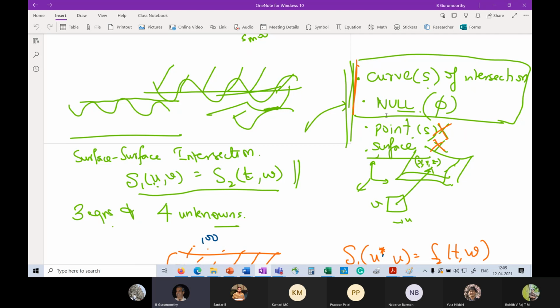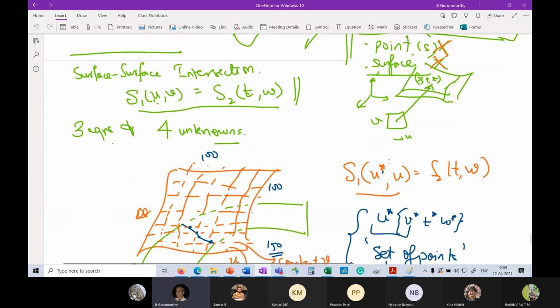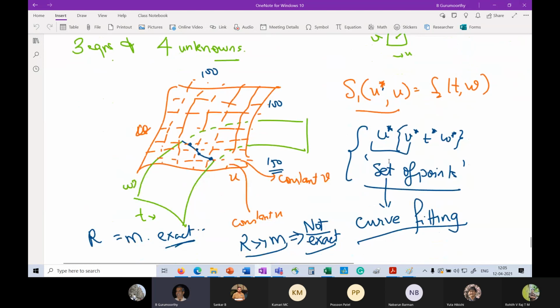It turns out that the solution techniques that we have can only give you the first two, right? Either curves or that they don't intersect. It cannot find points of intersection, that is when the intersection is only at a distinct point, or if the surfaces overlap. Both are not feasible. We then looked at an overview of the process.